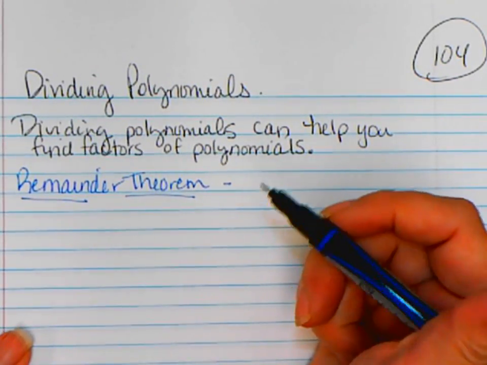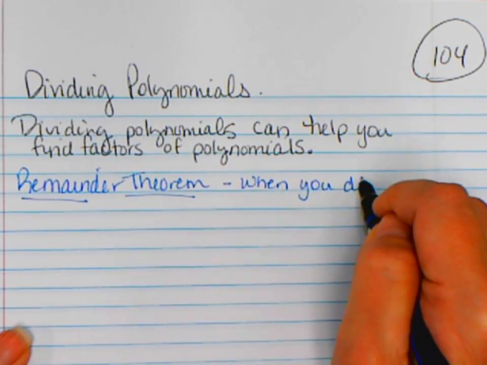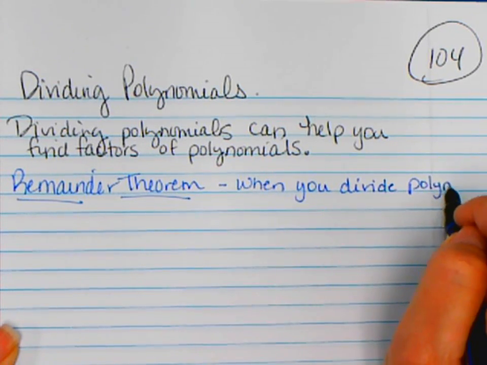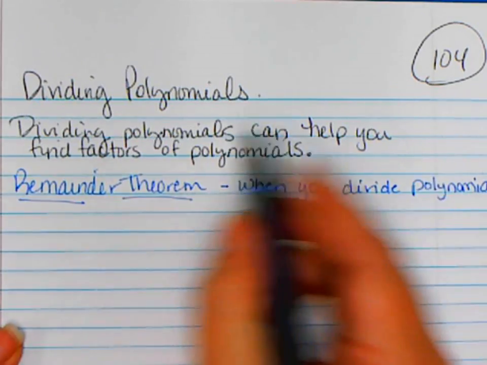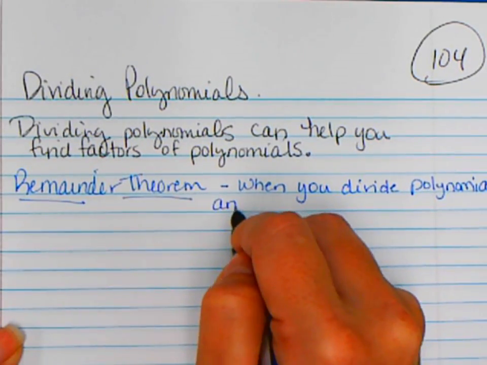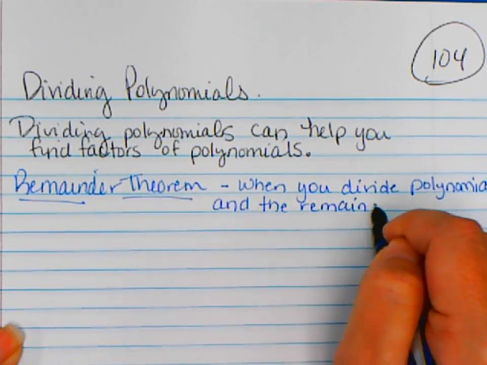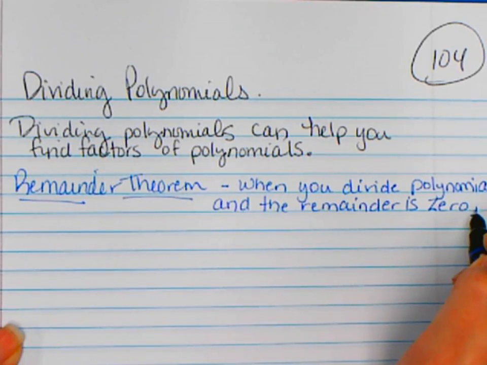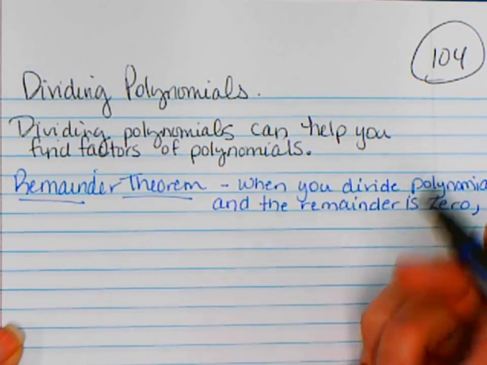And it says when you divide polynomials, and the remainder is 0, then the divisor and quotient are factors of the dividend.